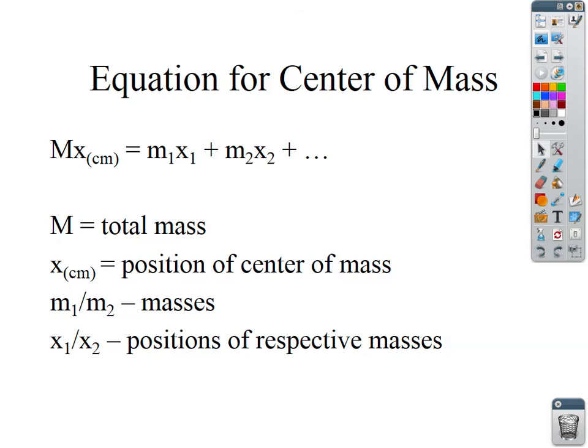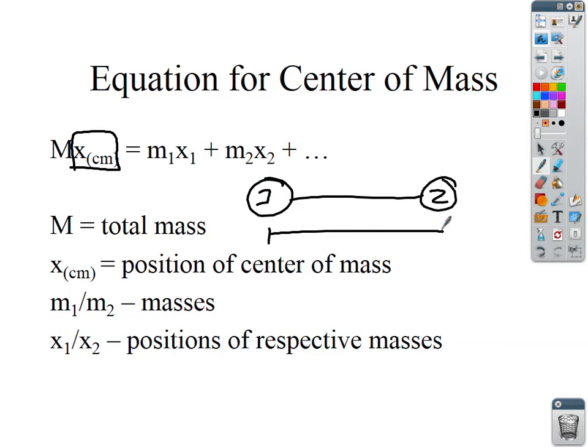This is the official equation for it. Center of mass, X_CM, is multiplied by the total mass of the system. It can be found by calculating the mass of each object and where it is in the system. If you have object 1 and object 2, say 10 centimeters apart, which is comparable to the problem on the next page, we would label one of these objects as at x equals 0.